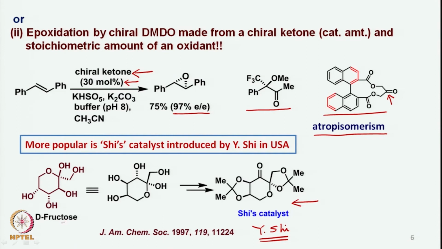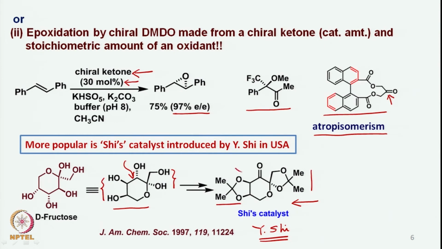On the other hand, if we take the D-fructose which can look somewhat like this, it can be converted to the corresponding ketone by the oxidation of this hydroxy group after the protection of these two hydroxy groups as the corresponding acetonides.